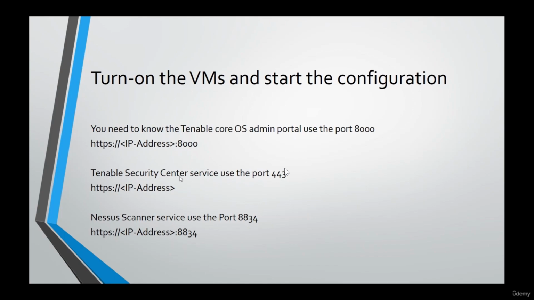For Tenable Security Center, you need to administrate the service itself by using the port 443. For Tenable Active Scanner, you will use 8834. Please write down those and make sure you understand the three of them.